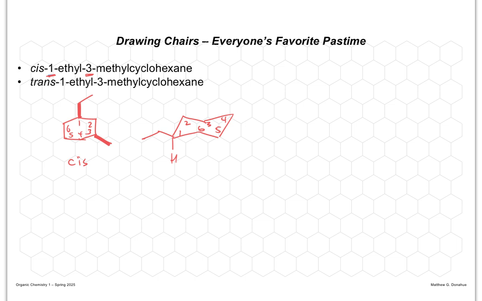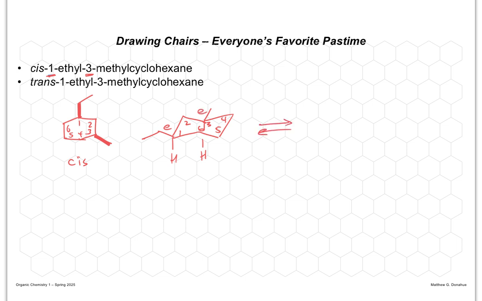So for the C3 methyl group, we want that to be on the same side. So we go 1, 2, 3. We want the methyl group up, so it also has to be equatorial. That makes them on the same face. And then both hydrogens are down or axial. So here we end up with equatorial, equatorial.